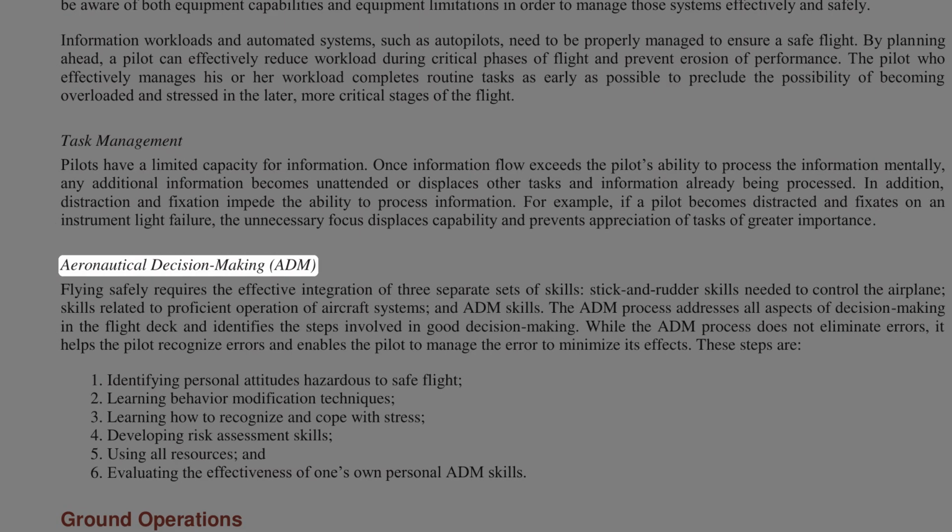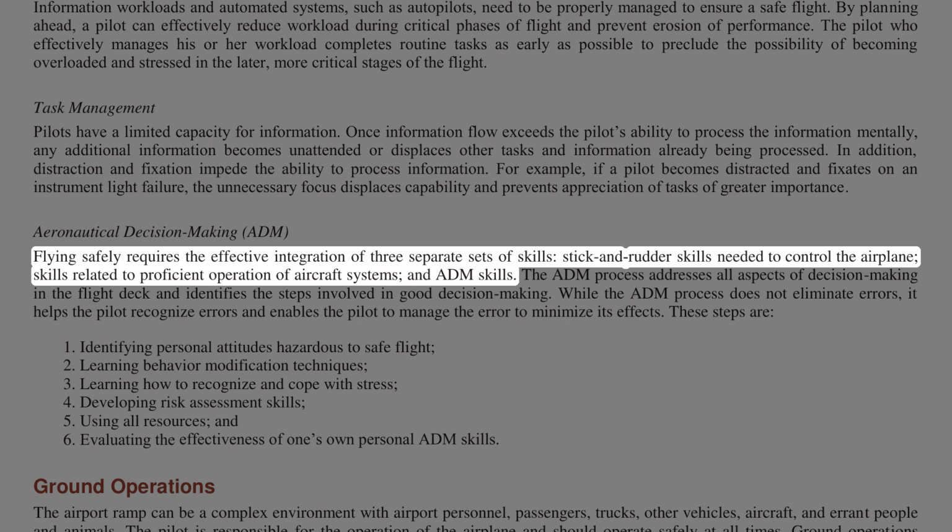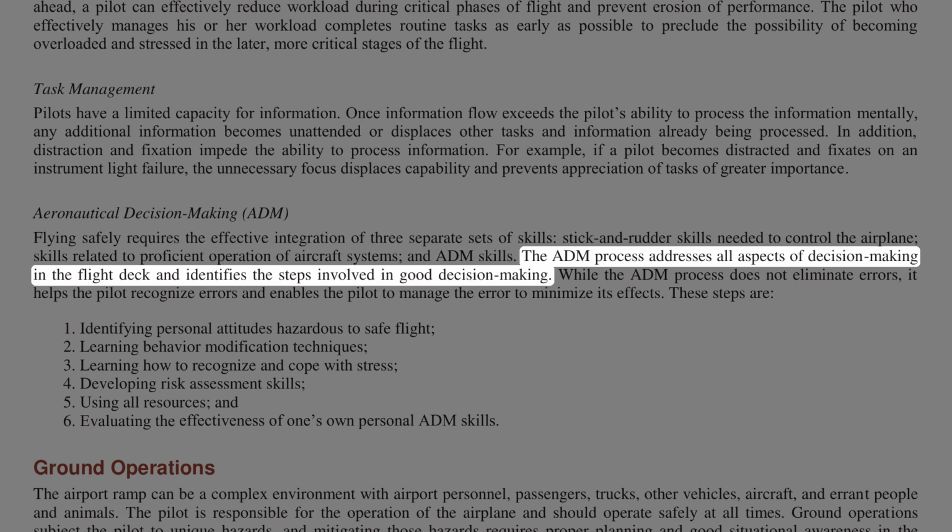Aeronautical Decision-Making, ADM. Flying safely requires the effective integration of three separate sets of skills: stick and rudder skills needed to control the airplane, skills related to proficient operation of aircraft systems, and ADM skills. The ADM process addresses all aspects of decision-making in the flight deck and identifies the steps involved in good decision-making.